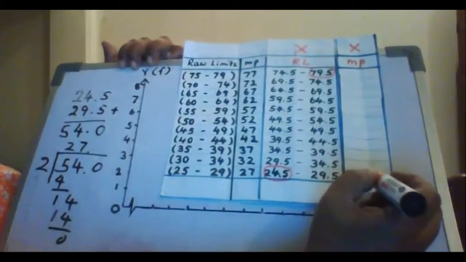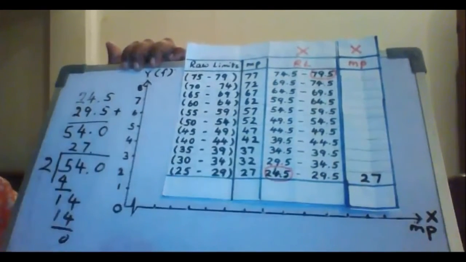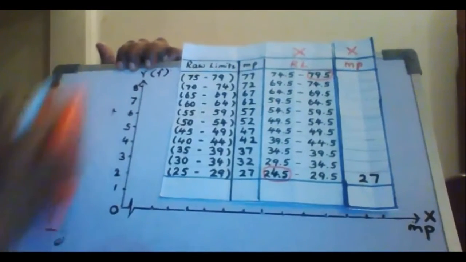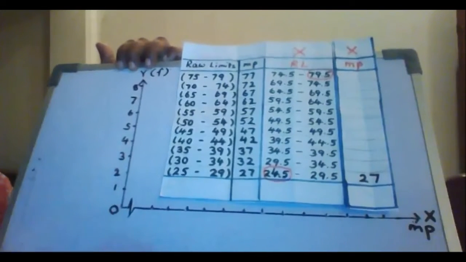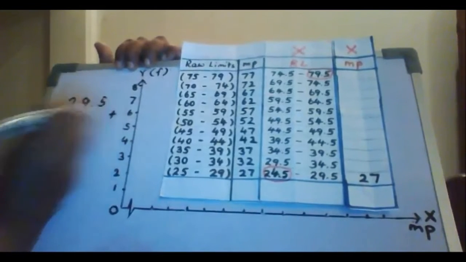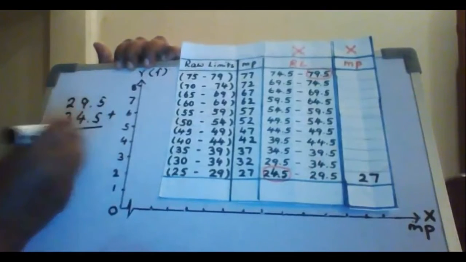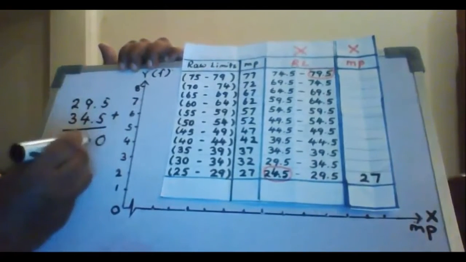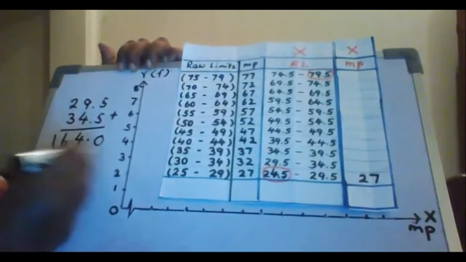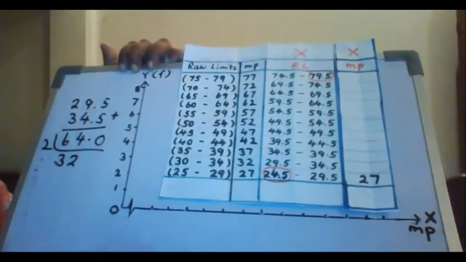Put 27. Now we'll take this one, 29.5 to 34.5. Calculate 29.5 plus 34.5. 64. 64 divided by 2, 32.